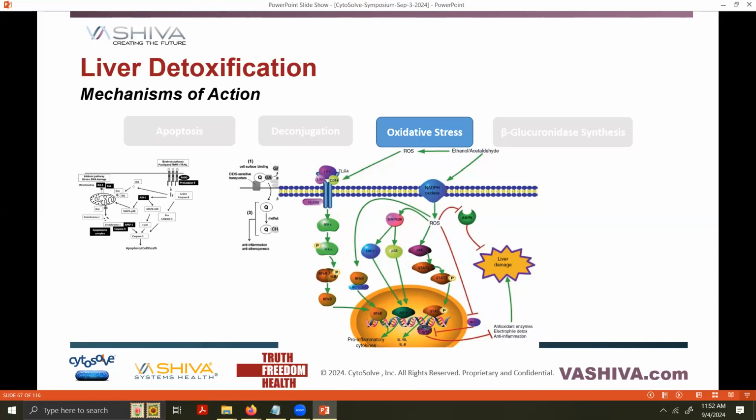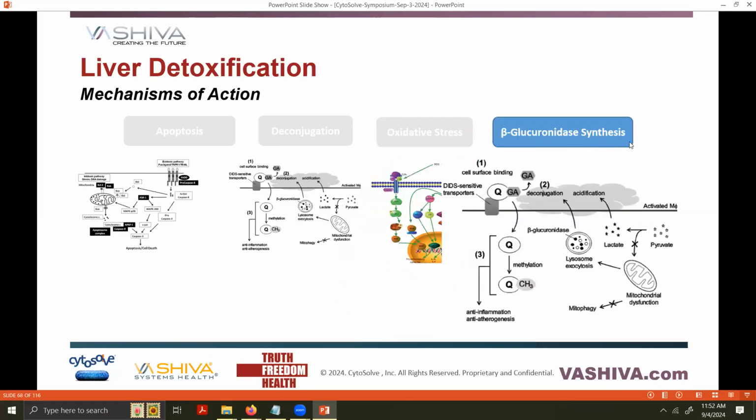That damage gets accumulated and it further accelerates the damage to the liver. The last pathway is beta-glucuronidase synthesis. Beta-glucuronidase is an important enzyme for deconjugation. You want proper functioning of this pathway so that your liver actually detoxifies the toxins in your blood.